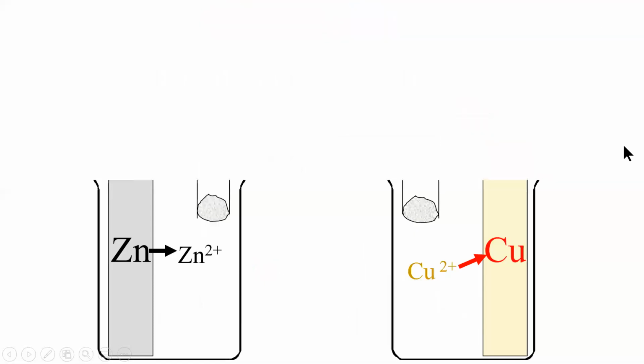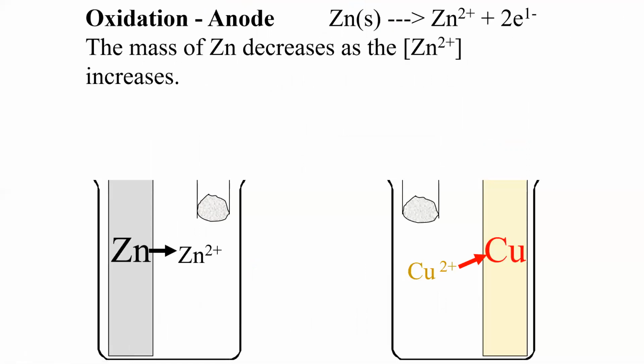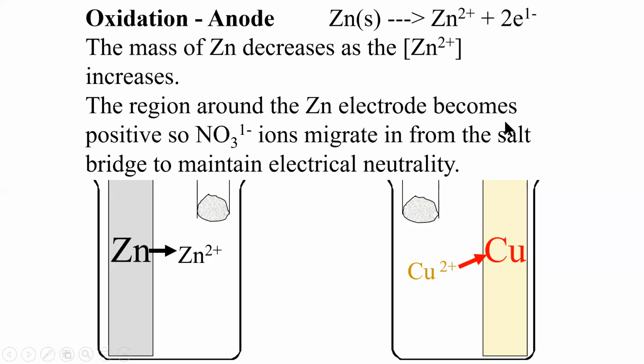And I'm illustrating that here. Again, the oxidation is happening at the anode. The zinc atoms are oxidized. The mass of the zinc will decrease over time as the concentration of zinc ions will increase. The region around the zinc ions becomes positive, so negative nitrate ions migrate in to maintain that neutrality.